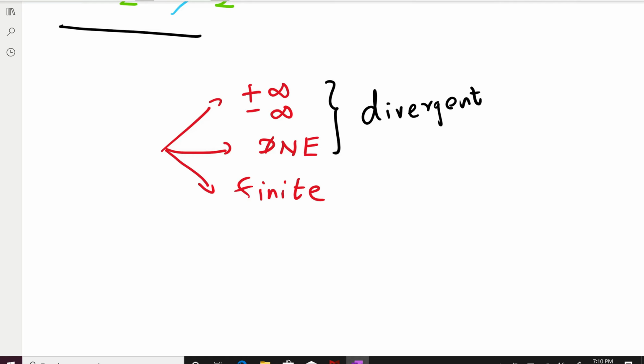And if your limit is finite, then your integral is convergent. So to determine whether an improper integral is convergent or divergent, you have to wait until the end of the problem. You have to solve the problem, then look at the answer you got and make a simple observation. If it is finite, then great, it's a convergent improper integral. If it is infinite or if it doesn't exist, then you have a divergent integral.